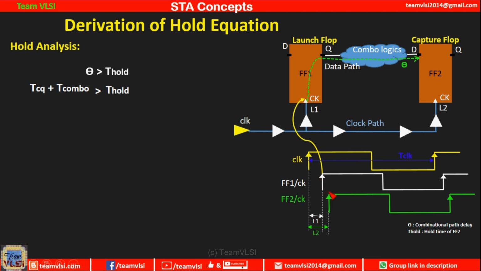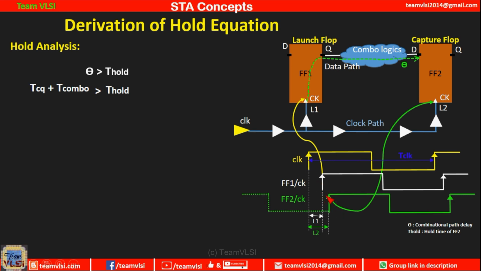So previous data is captured by this clock edge, and we make sure that this captured data should not be overwritten, and it could happen if this path is too fast, meaning this data arrives before the hold time of this flip flop, right? So previously captured data should not be overwritten. That's why we check the hold analysis on the same edge of clock, not the next edge.